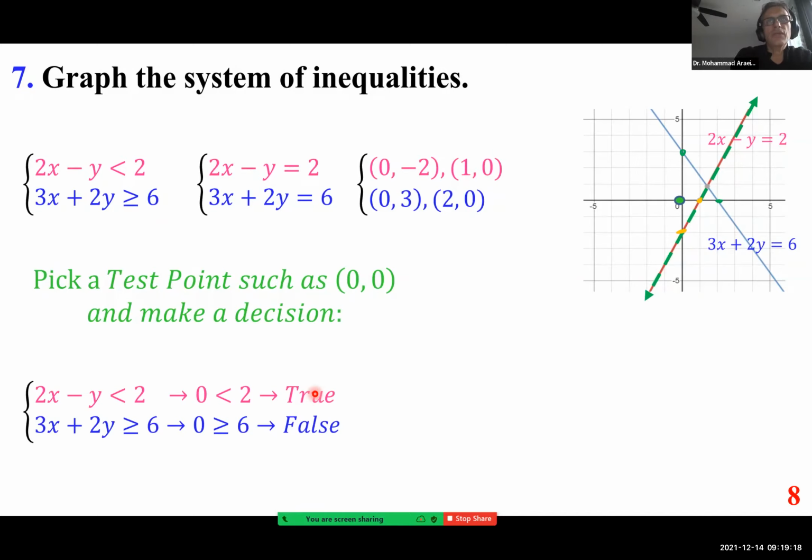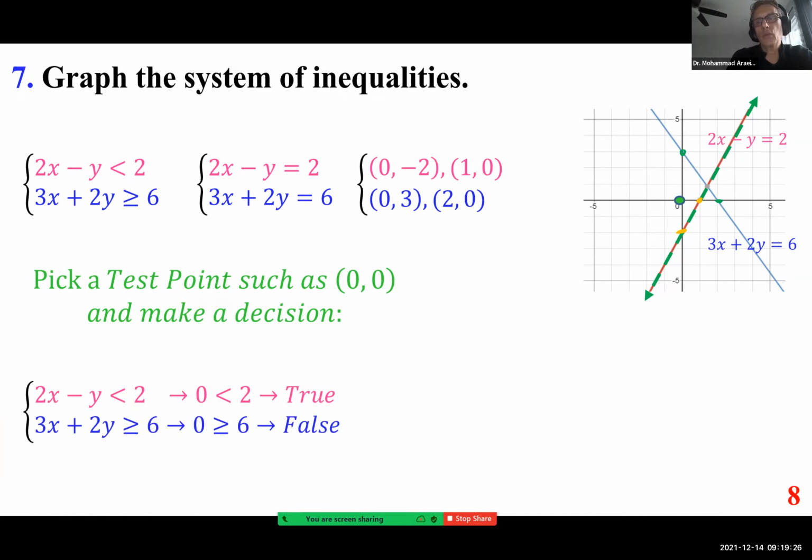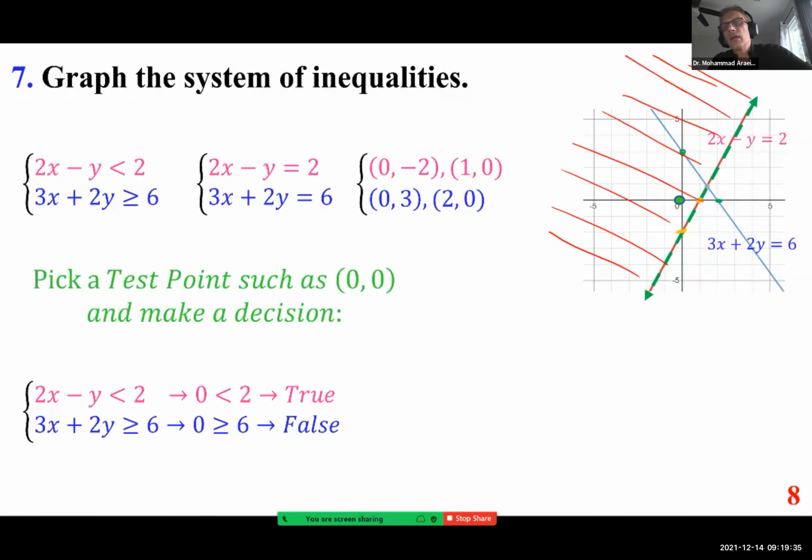So that means if I were to shade that, let's just stick with the red one. In fact, I'm going to go with the red one. With the red one, since it's a true statement, this side of the red line, which is sort of like a green dash line, would be the answer for that line and that line only.